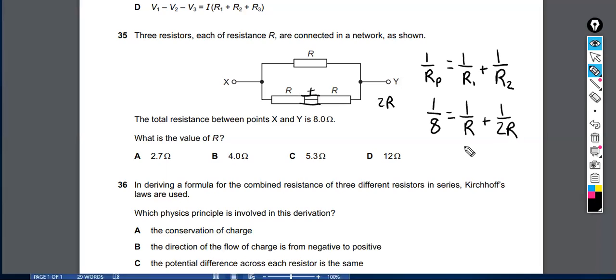1 over R, I could multiply by 1. I choose 2 over 2. That's the 1 that I multiply it by. You don't change the number 1 over R if you multiply it by 1, right? It's still the same number.